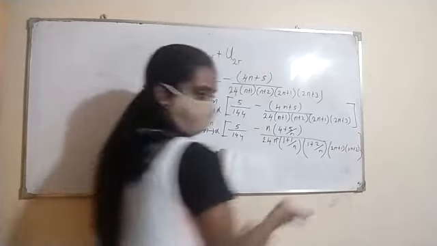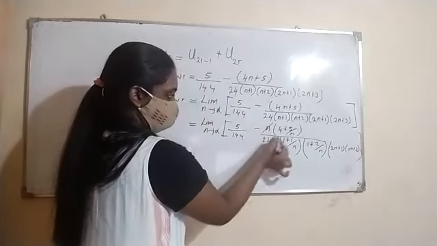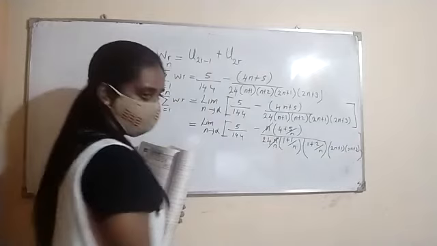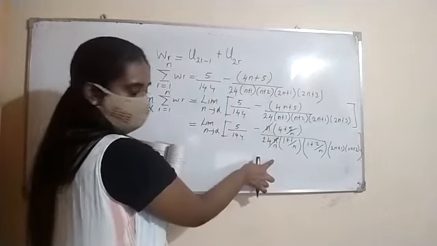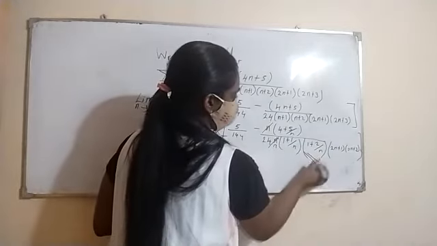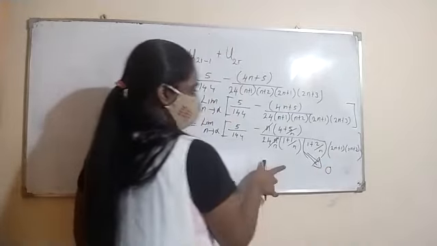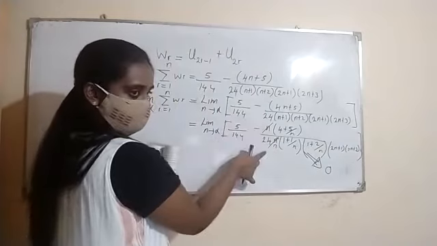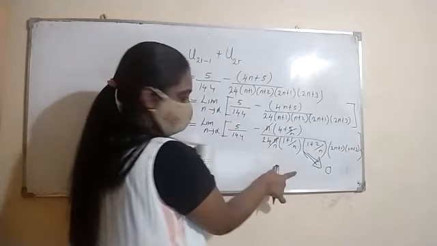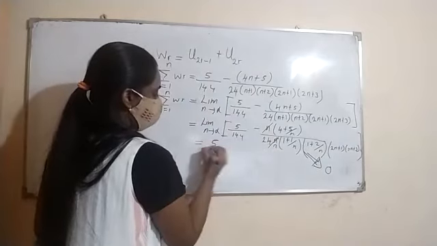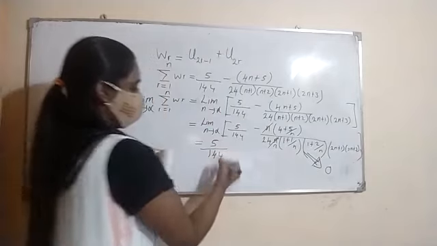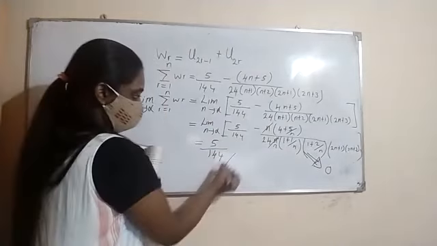Definitely this term is going to be 0. This n and this n get cancelled out. Definitely there will be n remaining. 1 over infinity is 0. So this term is going to be 0. Or else you can take n both sides down, then n to the power 4 will come, 1 over n cube also. That also will become 0. Then what is the answer? 5 over 144. See? Yes, it comes to a finite value.